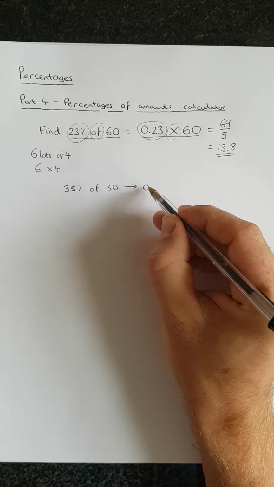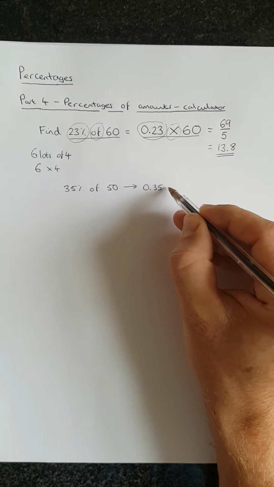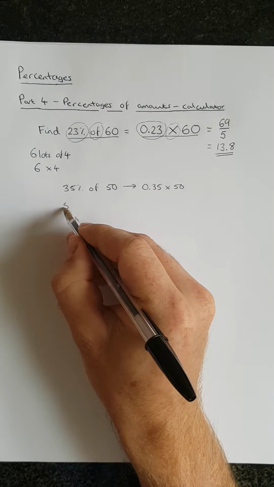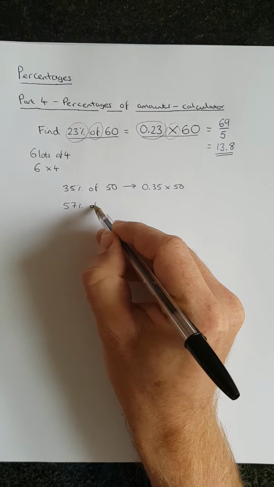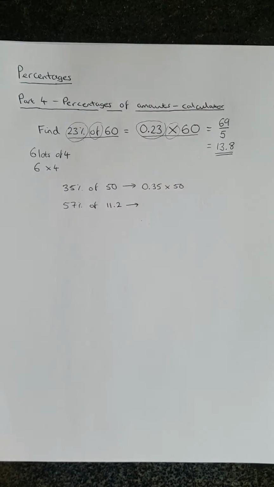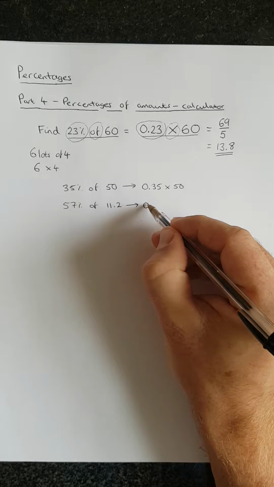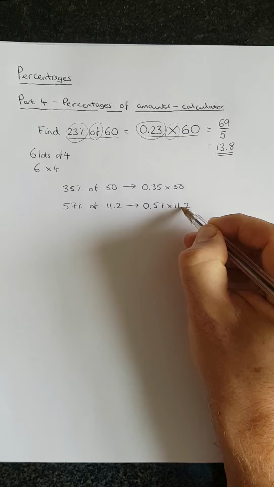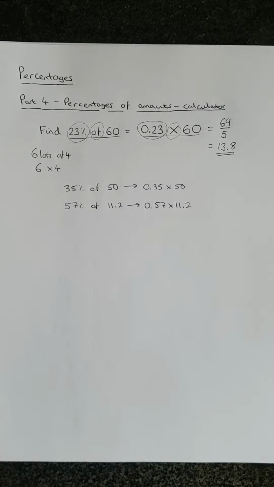That will be 0.35 times 50. 57% of 11.2 will be 0.57 times 11.2. At this stage, don't worry about typing them in, just worry about making sure you're confident on the conversion.